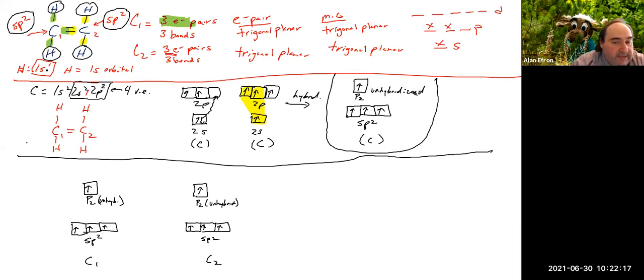Each of those hydrogens has 1 electron in its 1s orbital. So I'm just going to kind of draw it over here, not correct in terms of energy, but we have a hydrogen that's hanging out that has a 1s orbital and an electron. We have another hydrogen that's hanging out that has a 1s orbital and an electron. We also have a couple of hydrogens on the left-hand side as well hanging out.